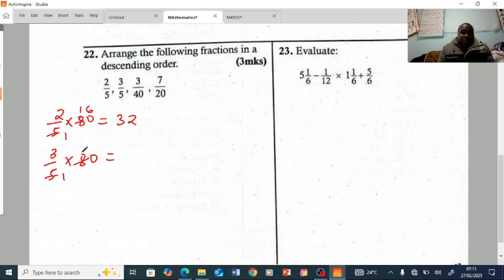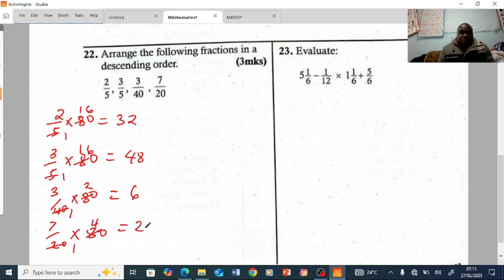That is 16 times 3, which is 48. Then the other one is 3 over 40 times 80. 40 goes into 80 twice, so that is 6. And then lastly, 7 over 20 times 80. 20 goes into 80 four times, and that is 28.